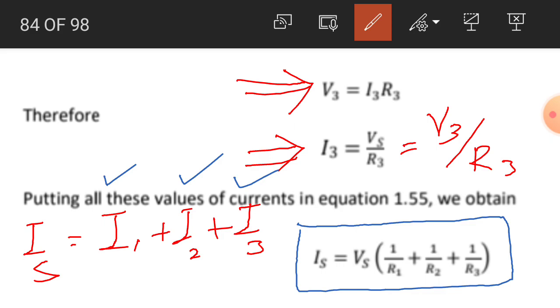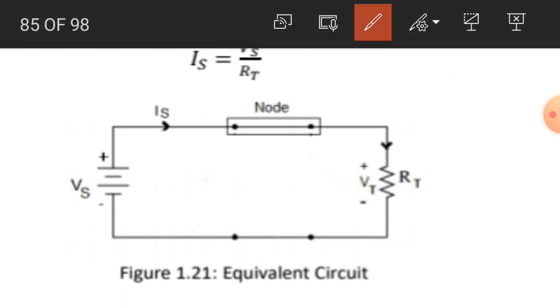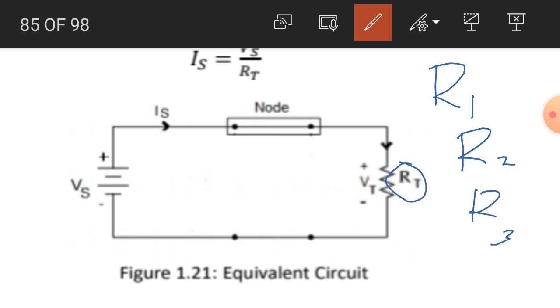Now what we do, we replace the parallel combination of R1, R2 and R3 by a single resistor which is represented by RT.